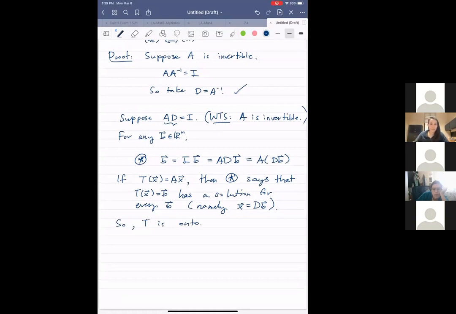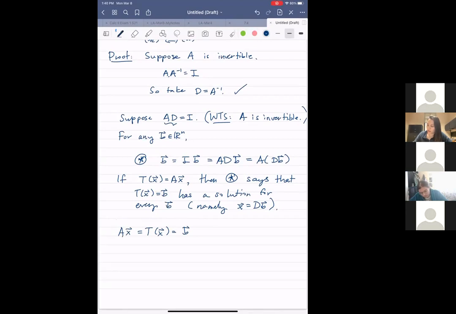Okay. Yeah, I don't really understand. I'm sorry. I can tell that the star statement is true, but I don't get how it shows that Tx equals b has a solution for every b. Okay, so if you're looking at Tx equals b, you want to know if this has a solution. Well, this side we know from the definition is A times x.